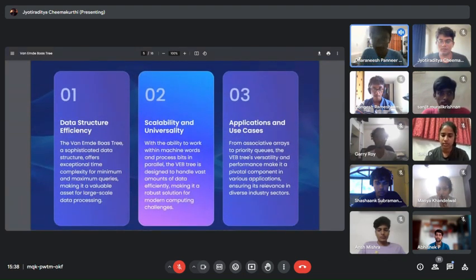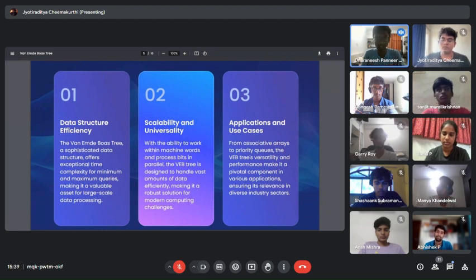Let's now talk about some of the inherent advantages here. One of the main draws of a Van Emde Boas tree is its efficiency, because it's able to insert and delete elements at an incredible pace. In fact, it's exponentially faster than most of the common data structures that we have been used to, and it's also immensely scalable.